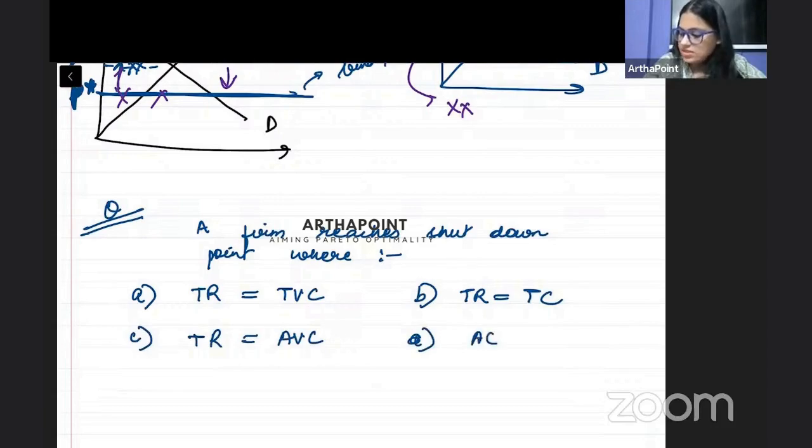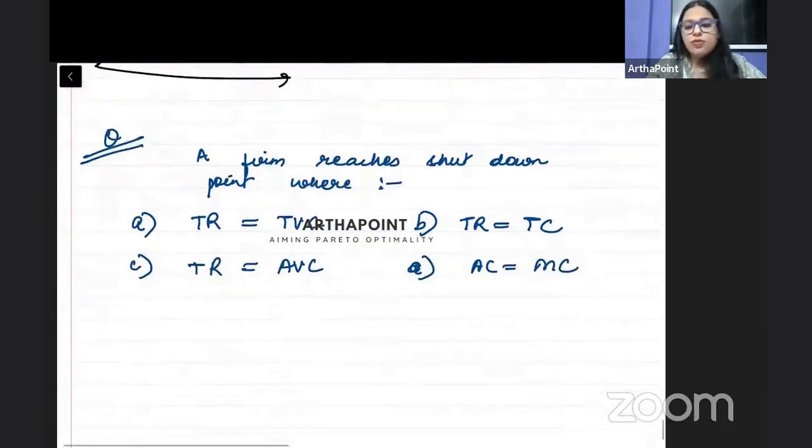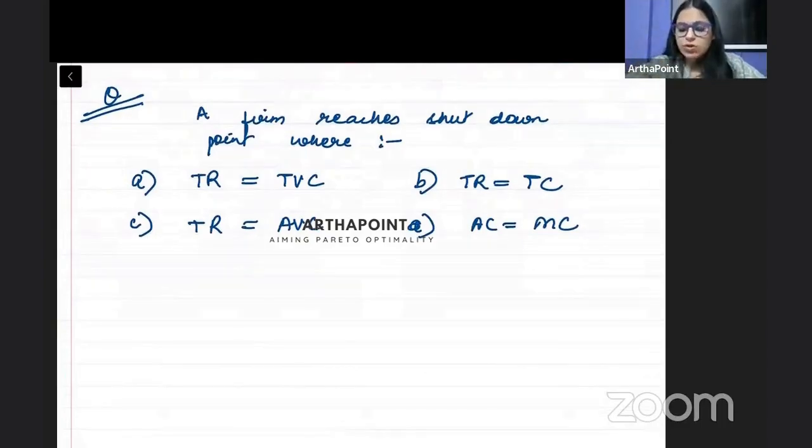D, AC is equal to MC. What is the shutdown point of the firm? इनमें से कौन सा shutdown point है firm का? TR equal to TVC, TR equal to TC, TR equal to AVC, या AC equal to MC? Better try to think this, huh?